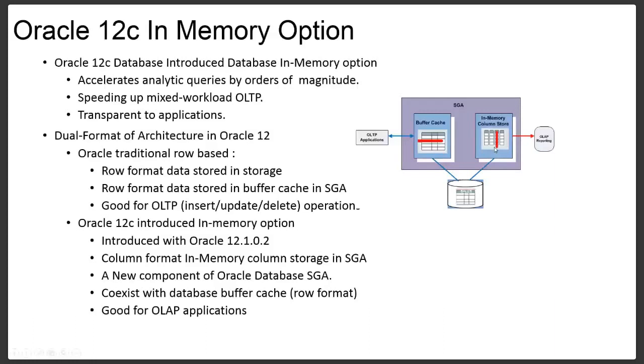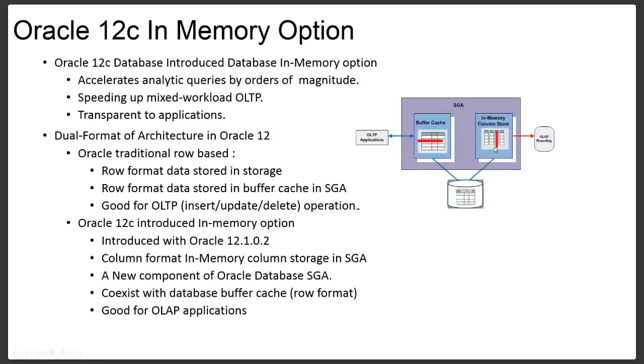The difference between these two memory buffers is that the in-memory option stores data in column format instead of row format, which is how the buffer cache stores it. You can see the red line in the buffer cache is row based, but in the in-memory option it is column based.